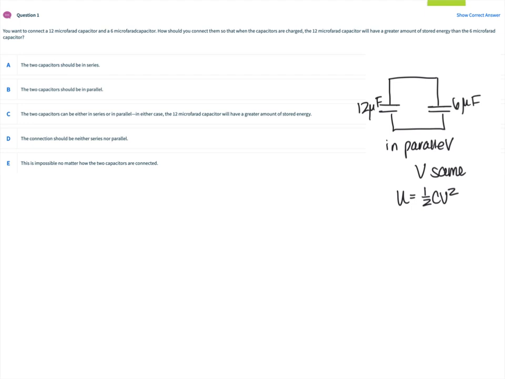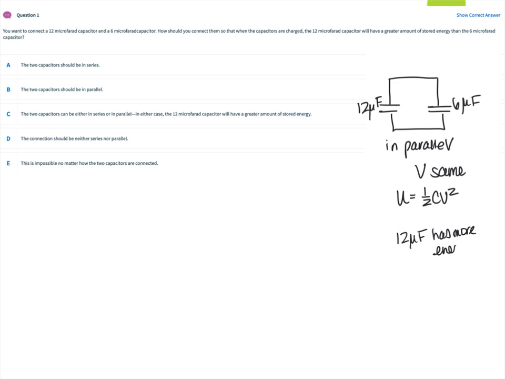Because the voltage would be the same for both of those, the capacitor that would have the greatest value would also have more energy because it's bigger. Okay, so I showed when they're in parallel, the 12 microfarad has more energy.